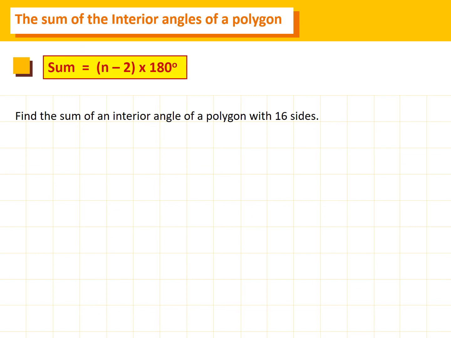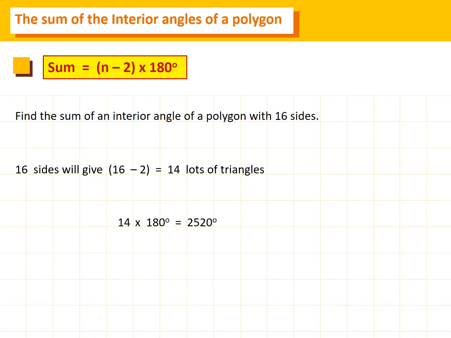If our polygon has 16 sides, can we think how many triangles that will be? Take away 2, that'll be 14 triangles, so that's 14 lots of 180, and that's 2520 degrees, which is the total of the interior angles of a polygon with 16 sides.